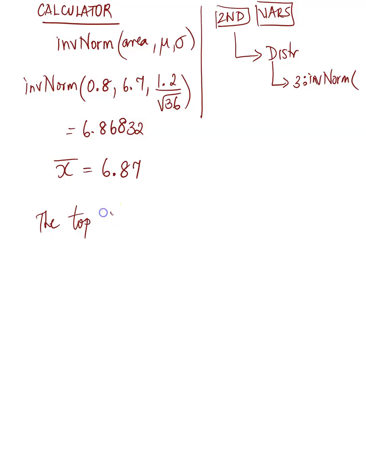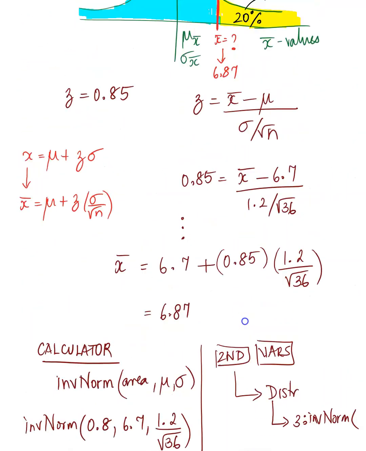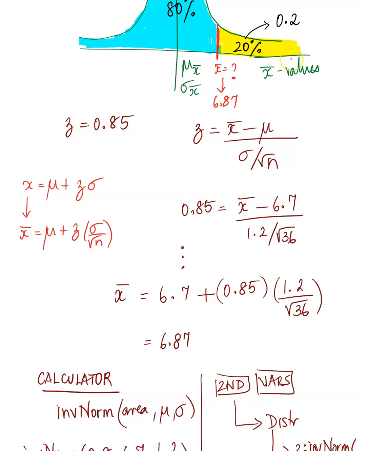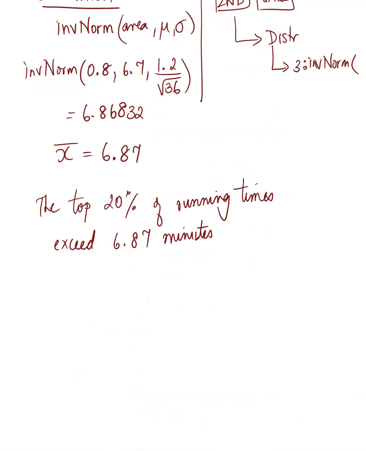So we can just say the top 20% of running times exceed 6.87 minutes. That makes sense, right? Because if you cross that 6.87 mark, then you are in the top 20%. So you should exceed that 6.87 to be in the yellow region. That's what this means. So you can do your own interpretation, but if your question requires you to interpret in a certain way, you can definitely use this as a separating value.